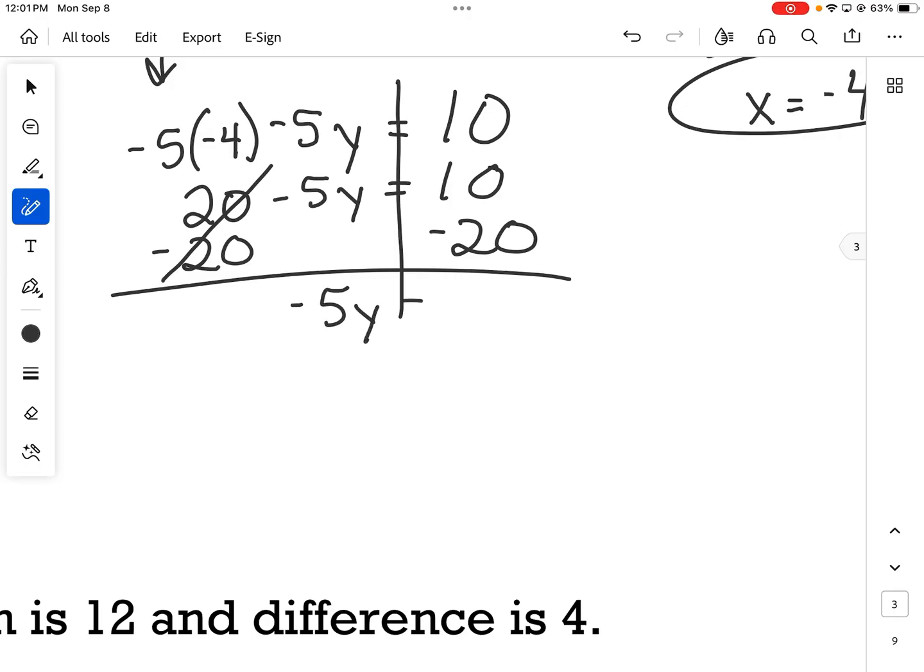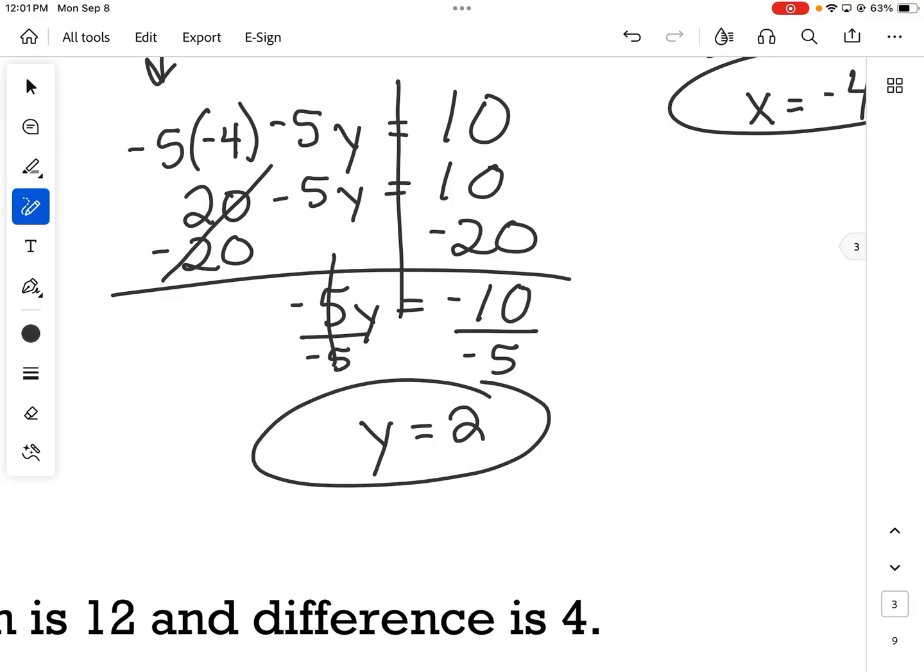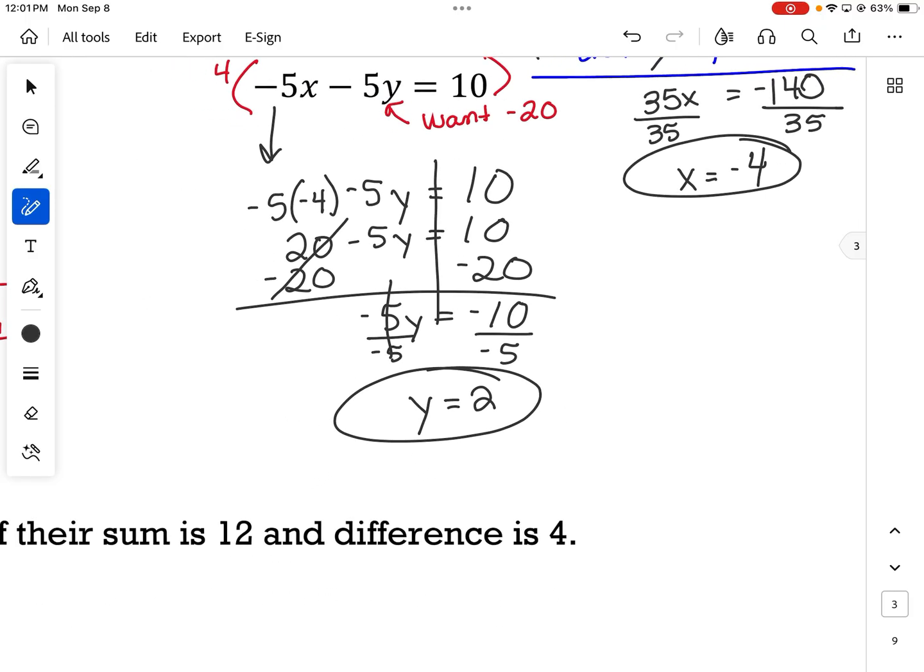Negative 5y equals 10 minus 20. Negative 10. And then divide by negative 5. Y equals negative 10 divided by negative 5. 2. So our final answer is the x comma y. So negative 4 comma 2.